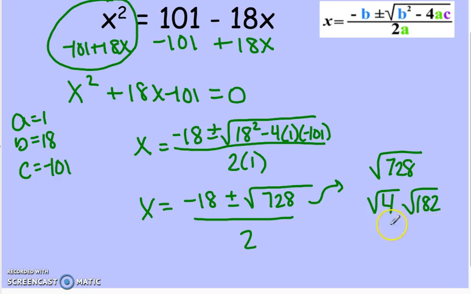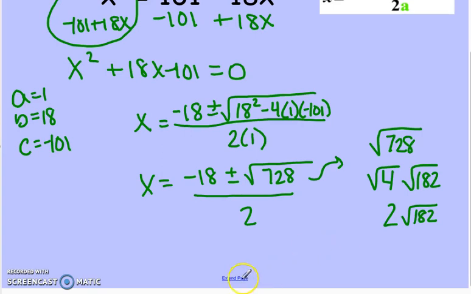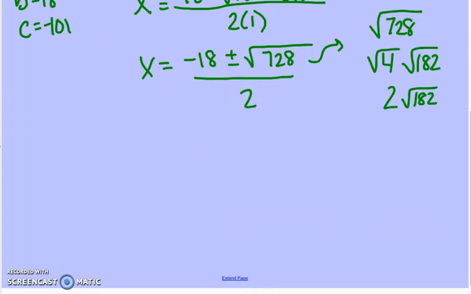So now we're going to reduce that to 2 radical 182. All right, so we're going to fill that in over here. Hold on a second, I'm going to extend my page. We're going to fill that in over here as x equals negative 18 plus or minus 2 radical 182 all over 2.